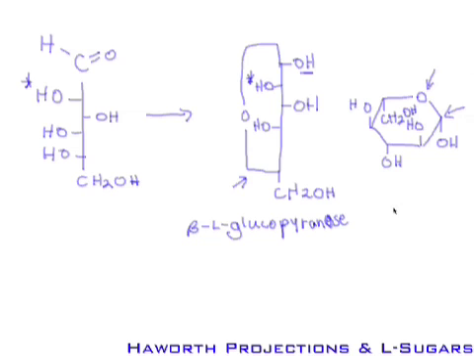So, we're going to go back to D-glucose. OH down, this will be alpha. So what I'm drawing here is the Haworth projection of D-glucopyranose, and I've drawn the alpha anomer.